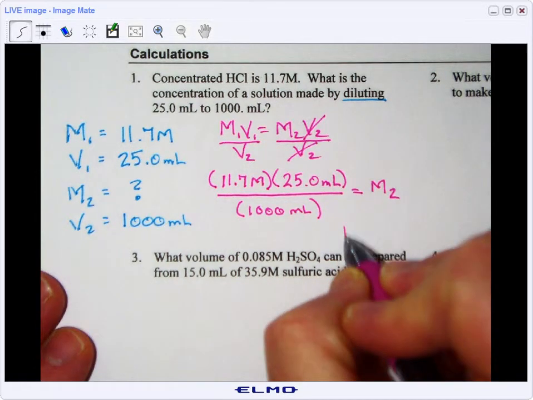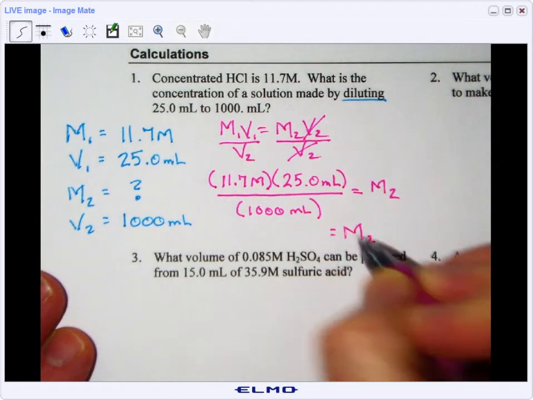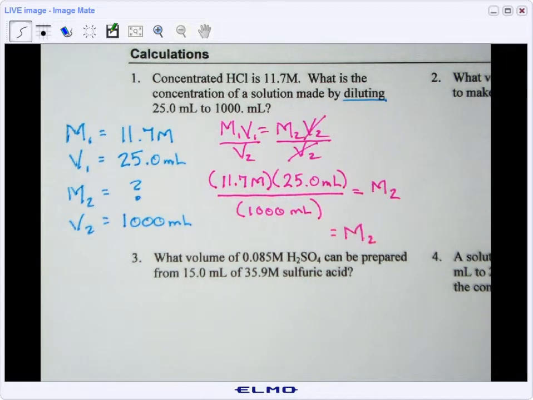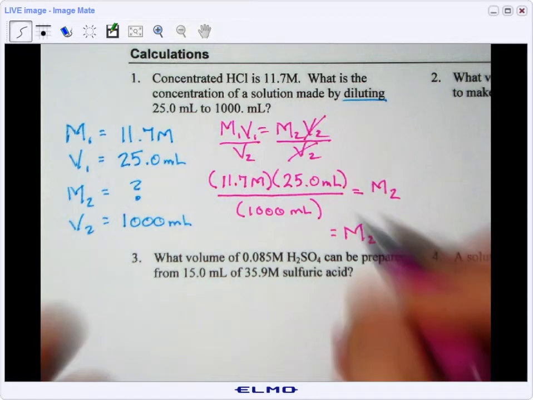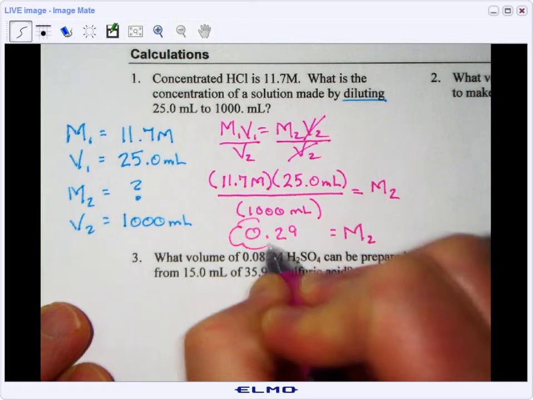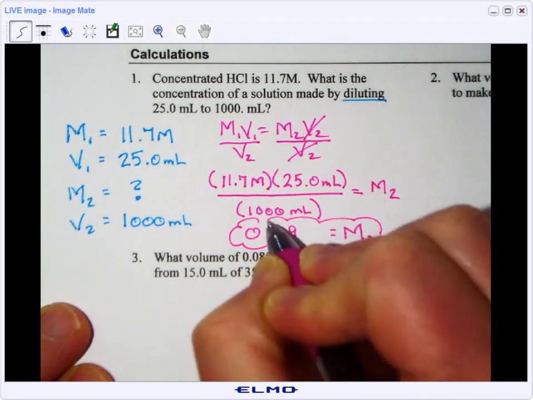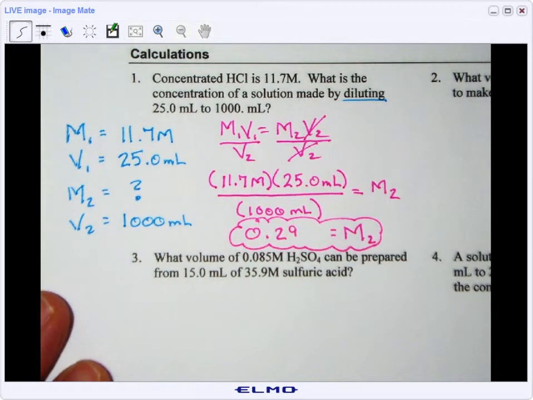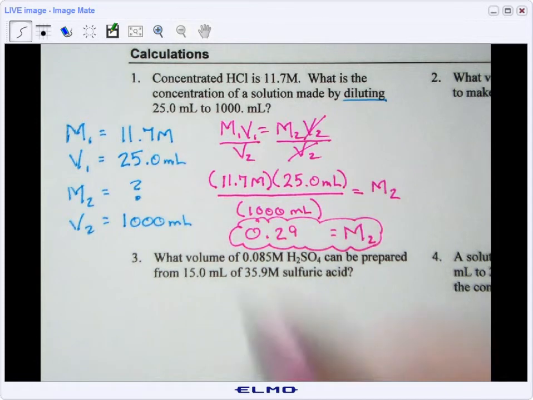So M2 equals... Okay. 0.29. It gave us three significant figures.